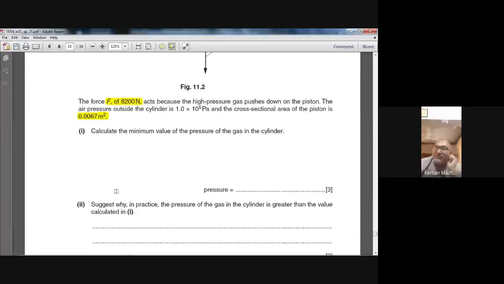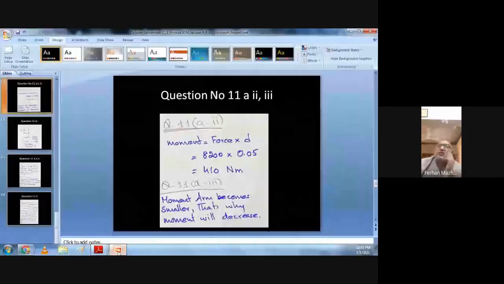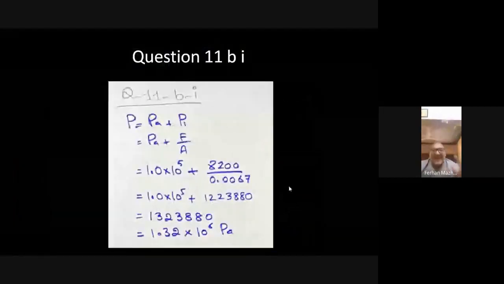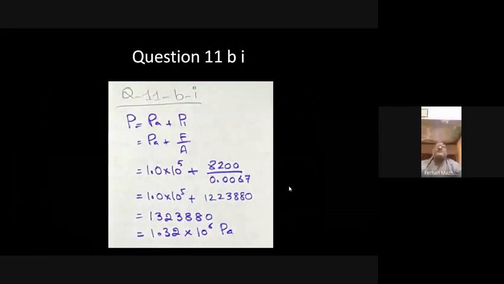The pressure of the gas inside the cylinder will be the atmospheric pressure plus the pressure exerted on the piston, which is F divided by A. The atmospheric pressure is 1.0 x 10^5, and 8200 Newton force is acting on the 0.0067 meter square area.